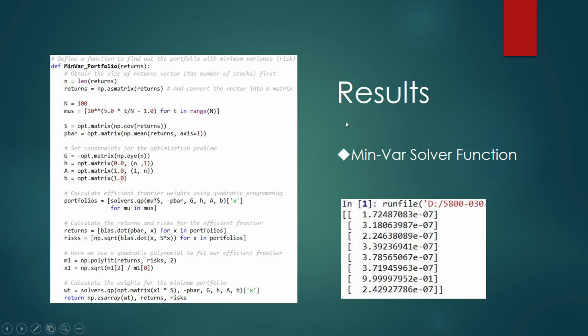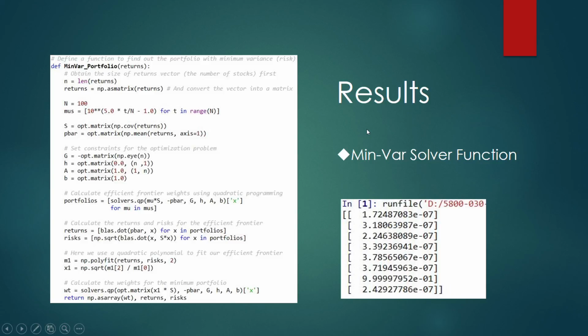In this picture, the following Python function is defined to solve the quadratic programming problem we mentioned before. We aim to find the portfolio with the minimum risk level from all the random portfolios and obtain the corresponding weights.